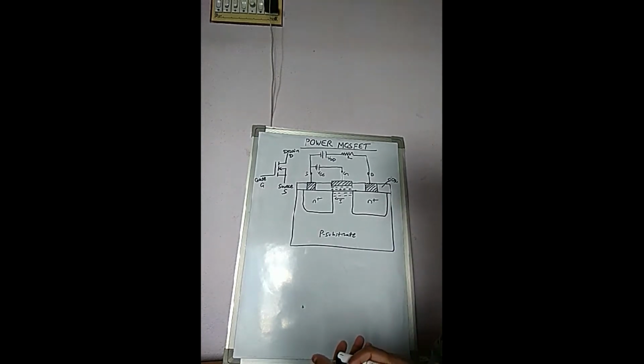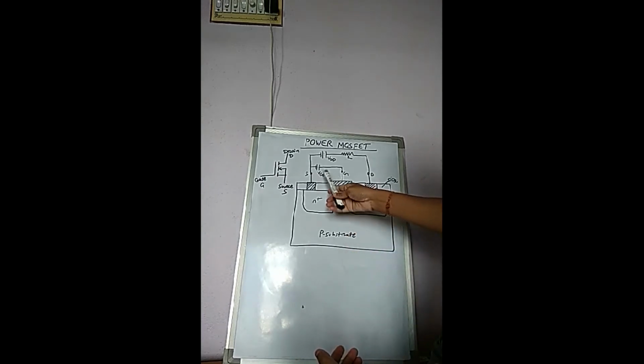In BJT the control signal is the base current, and in MOSFET the control signal is the gate source voltage. The base current in BJT is much larger than the control signal required in MOSFET.